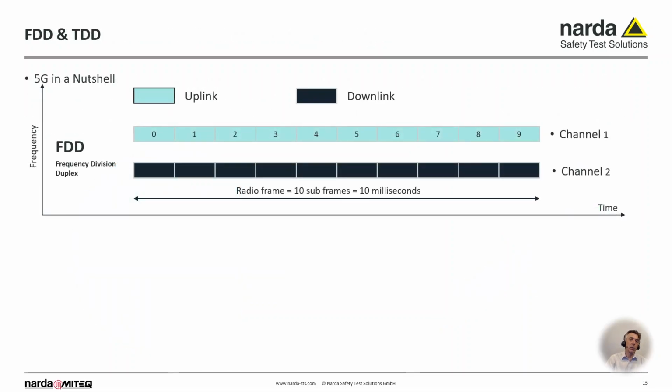Another technique which was already available with 4G, but which is much more common now in 5G, is the TDD technique. So in the past, for example, in 2G, FDD, the frequency division duplex, was used. That means you had two frequency channels. So on the y-axis, we have the frequency, and on the x-axis, we have the time information. And there was one frequency channel reserved for, in this case light blue, the uplink, and one channel was reserved for the downlink.